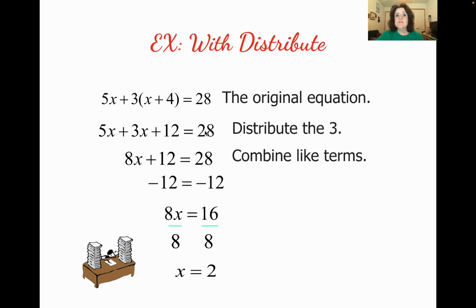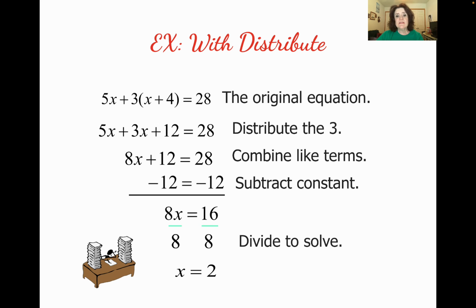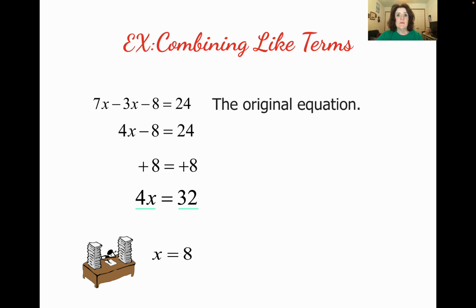The next step is to combine those like terms. I have 5x and 3x to combine to make 8x. Then I don't have two variables, so I don't need that step. Then I'm going to subtract 12 from both sides, which is subtracting the constant, and finally divide to solve. This one doesn't have distribute.